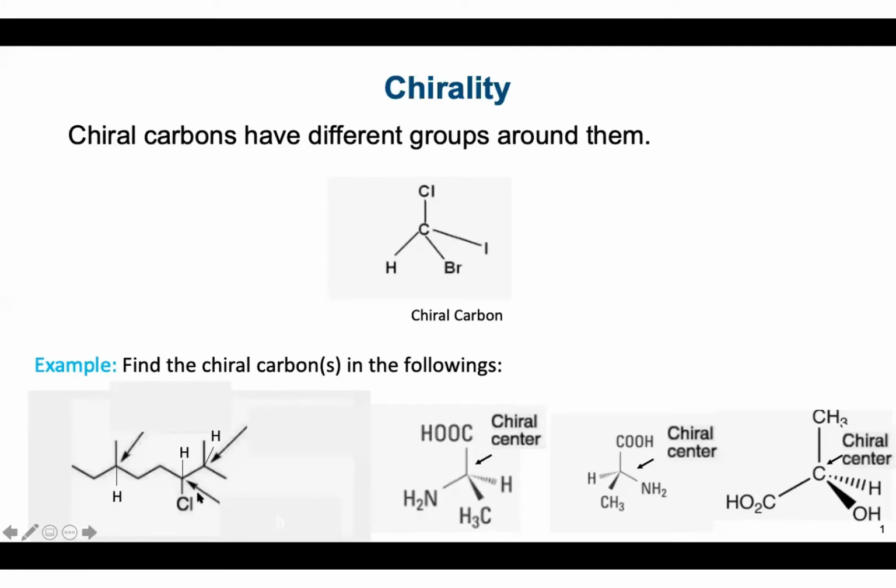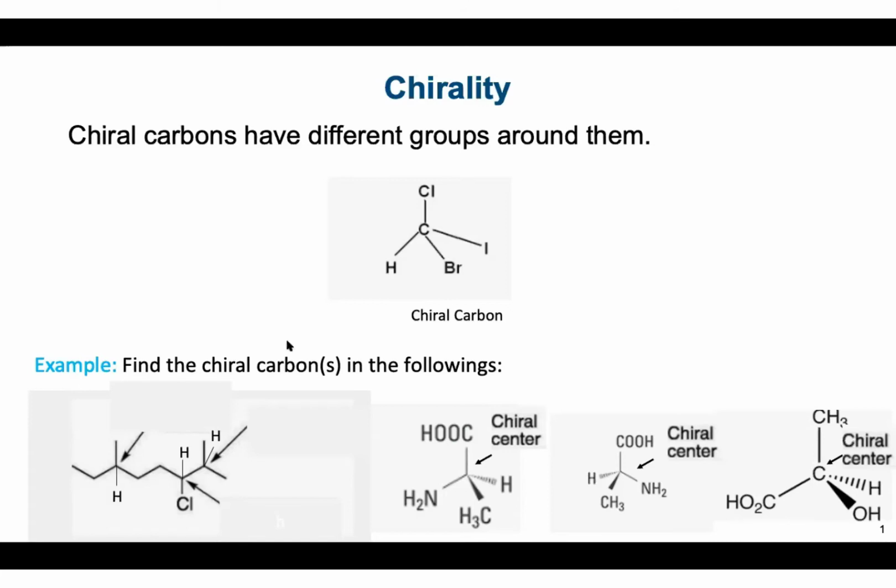So pay attention, guys, whenever you are examining a carbon center, look at what other connections it has. If it has other connections, it's also important because it makes a difference from other carbons.